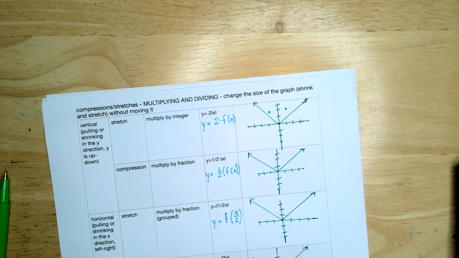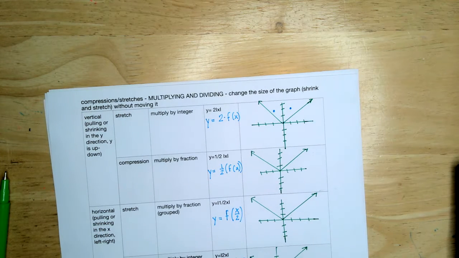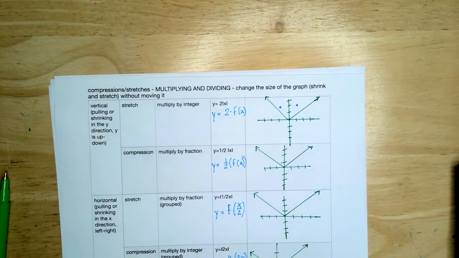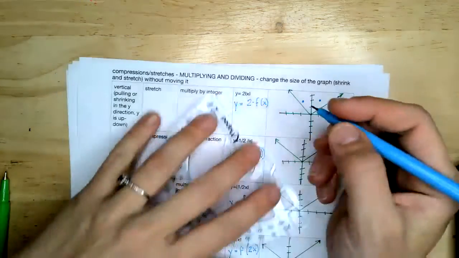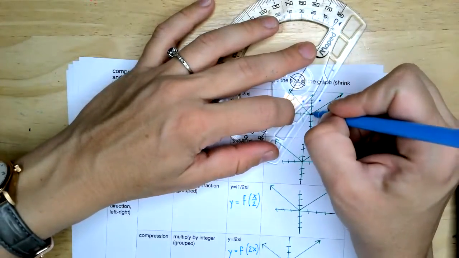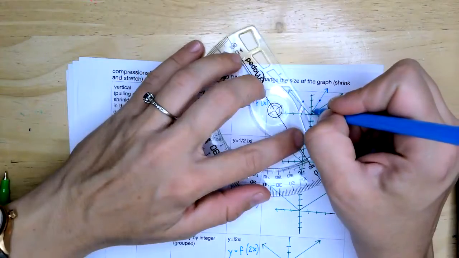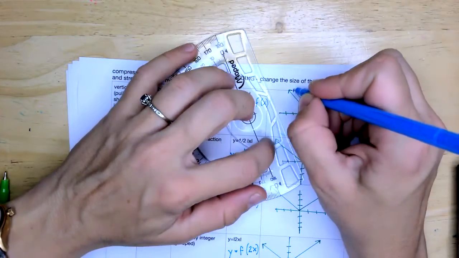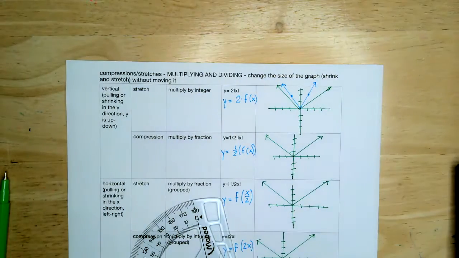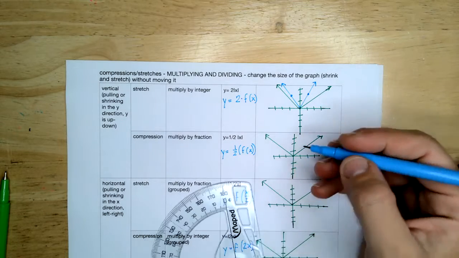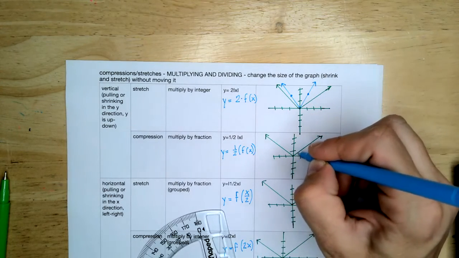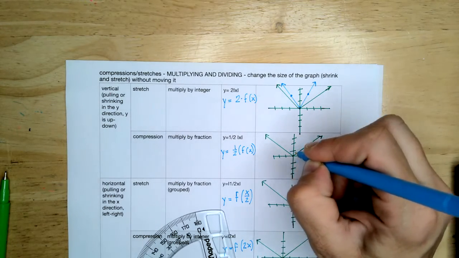The origin is not moving, but the shape of the graph will change. Good. So it's twice as tall. 1/2 is going to make it half as tall. So instead of 1, 1, we have 1, 1/2.